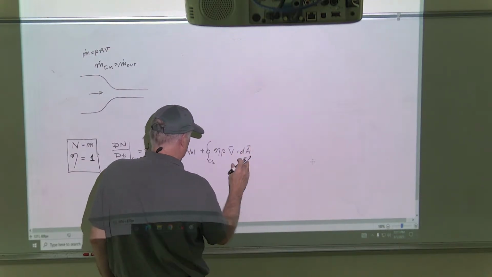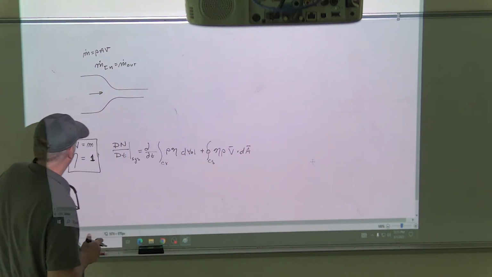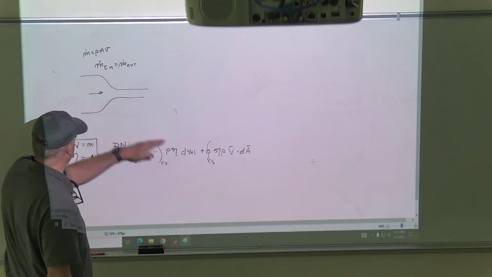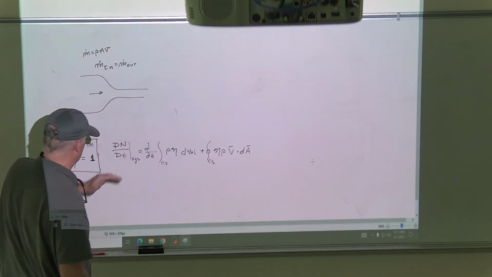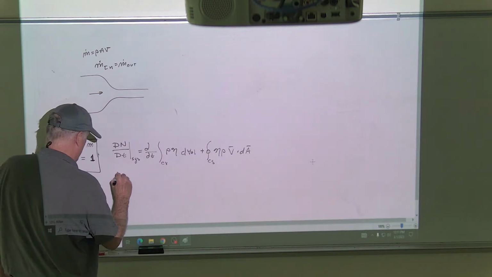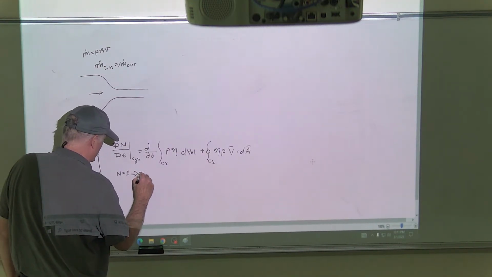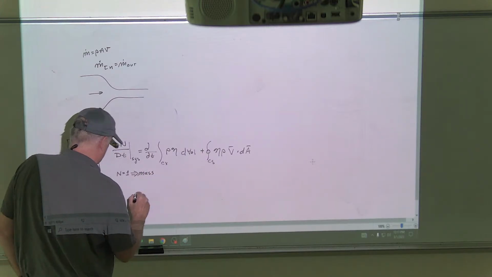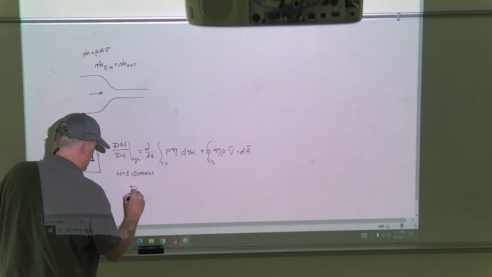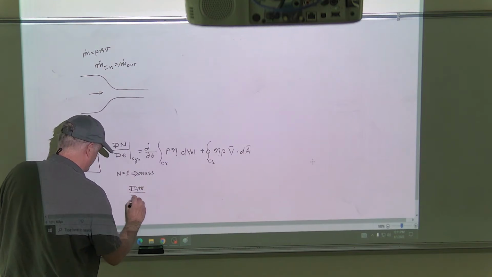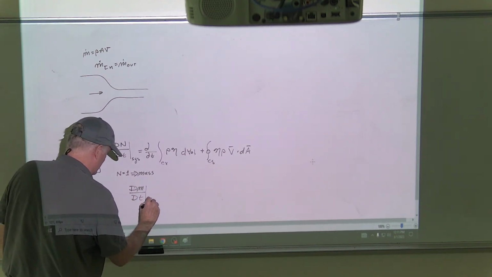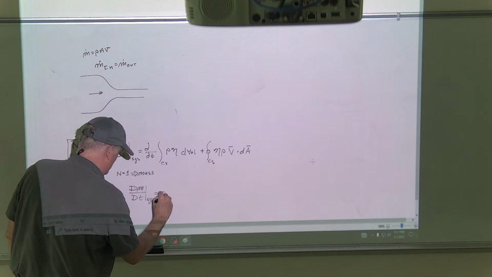Now, I'll go ahead and use his notation here. So we're going to apply this, and then what we're going to do first, we're going to say n equal 1 gives us the mass equation, which basically says d mass dt of a system is 0.